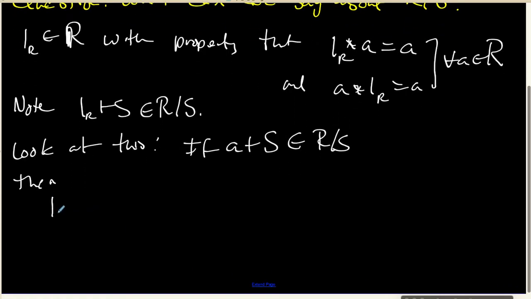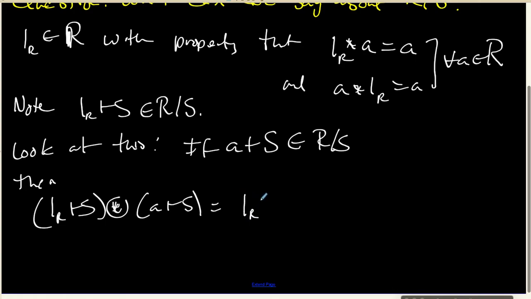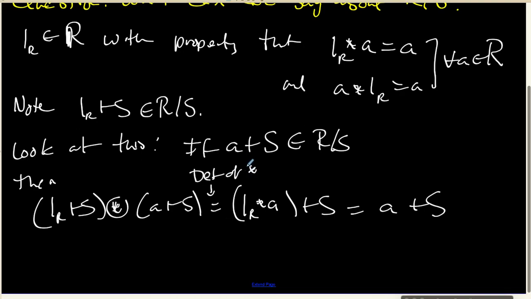First of all, we have 1 plus S times A plus S is just going to be 1 times A plus S, but that's just going to be A plus S. This is the definition of coset multiplication, and this is the definition of 1 inside the ring R.